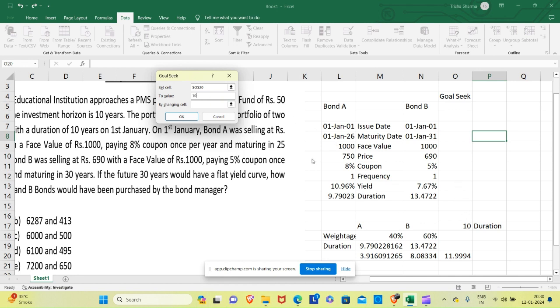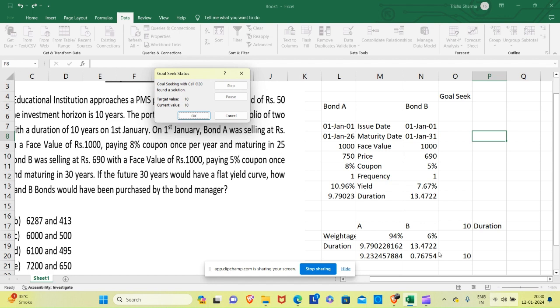So you will write 10, and then by changing this cell. The moment you do it, it reallocates your portfolio, which works out to be basically 94% weightage being given to your bond A, and 6% weightage being given to the bond B.